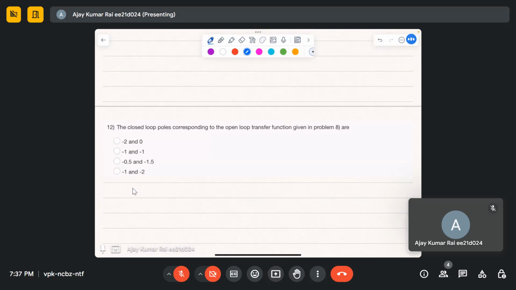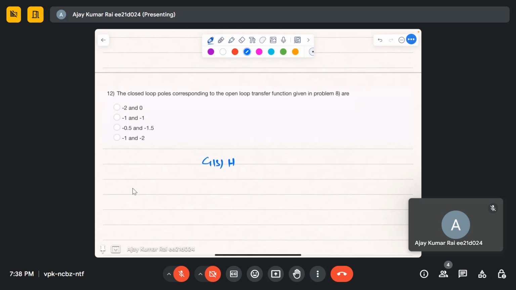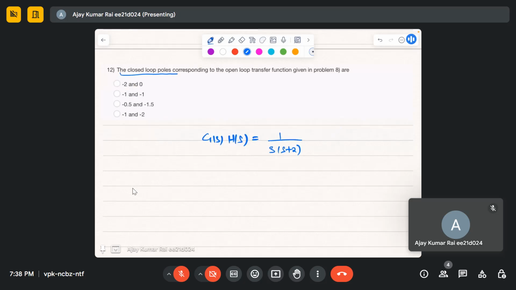Okay. So the closed loop poles corresponding to the open loop transfer function given in problem 8 are, okay, it's very simple, these questions are done many times. So 1 by s into s plus 2. So this is the open loop transfer function. It's asked to find the closed loop poles. So you know the closed loop transfer function is G(s) by 1 plus G(s)H(s).